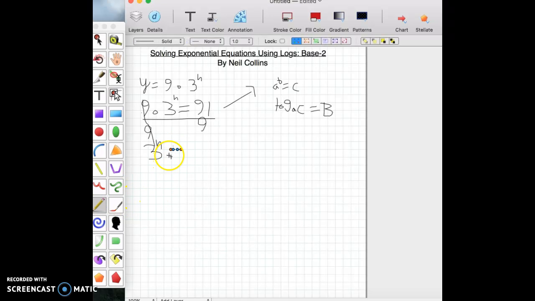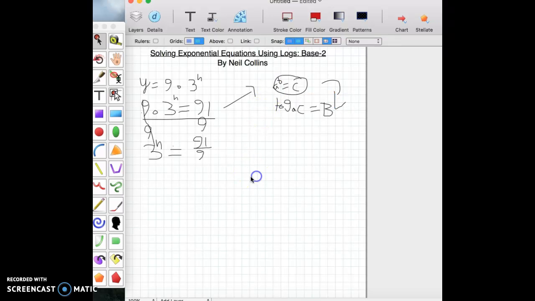equals 91 over 9. So all we did was divide. Now that we have our equation in exponential form, a to the b equals c, we're going to go from this form right here, and we're going to convert it into log form.